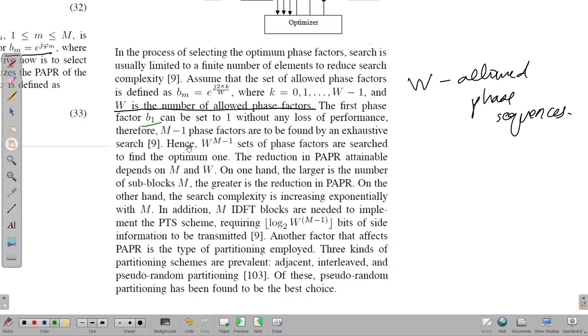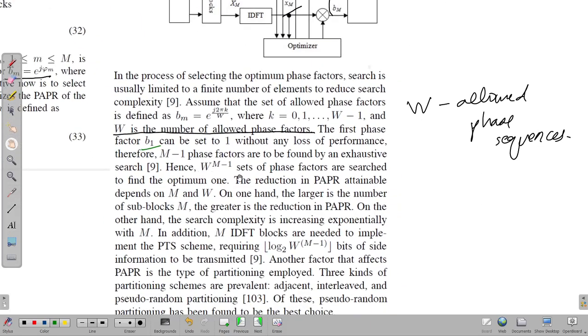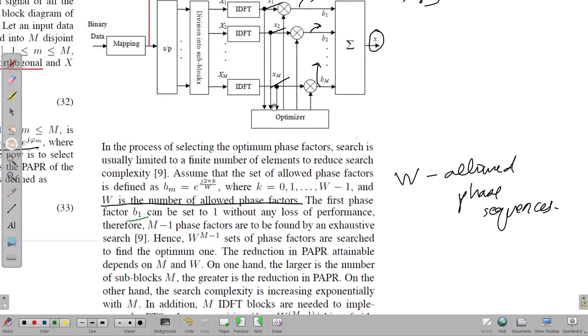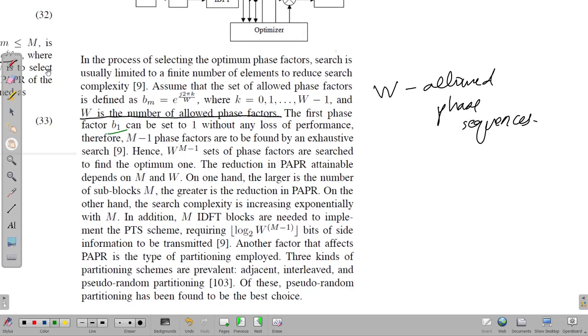And then you can have b2 up to bm. You can have m minus 1 phase factors getting multiplied with these time domain signals. So if you set b1 to 1, then m minus 1 phase factors are found to be existing.